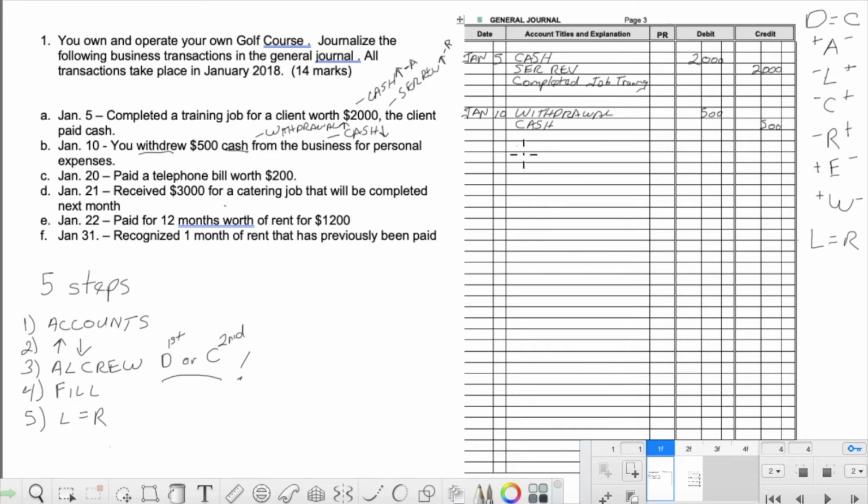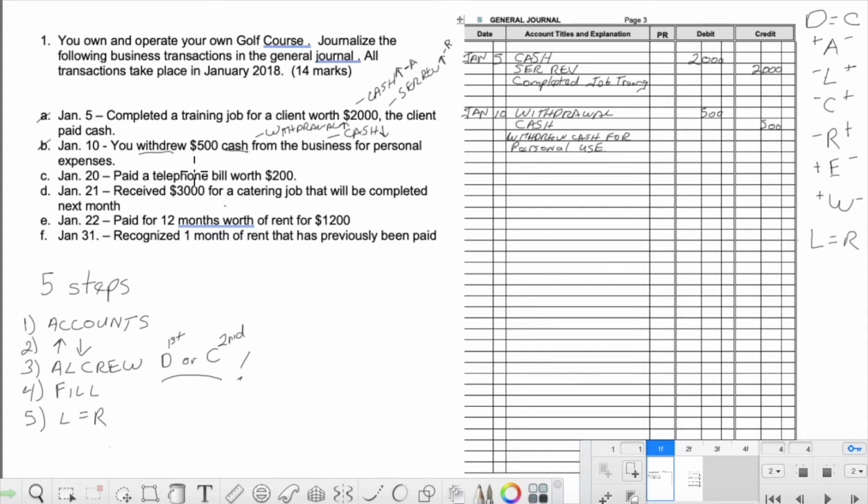So the explanation: withdrew cash for personal use. Perfect. Done. I also sometimes used to mark them off so it helps me not lose track of which ones I have done.